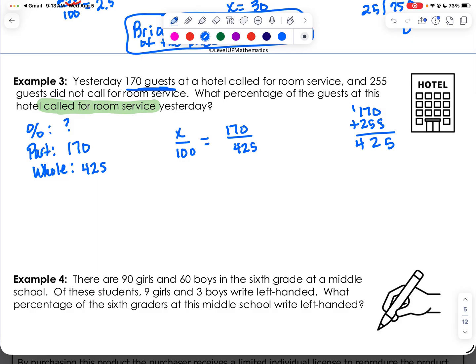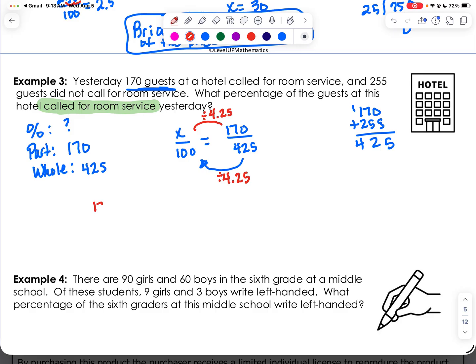Now again, for me, it's very easy to see that my scale factor here is that we're dividing by 4.25. Okay, so I'm going to have to divide this 170 by 4.25.